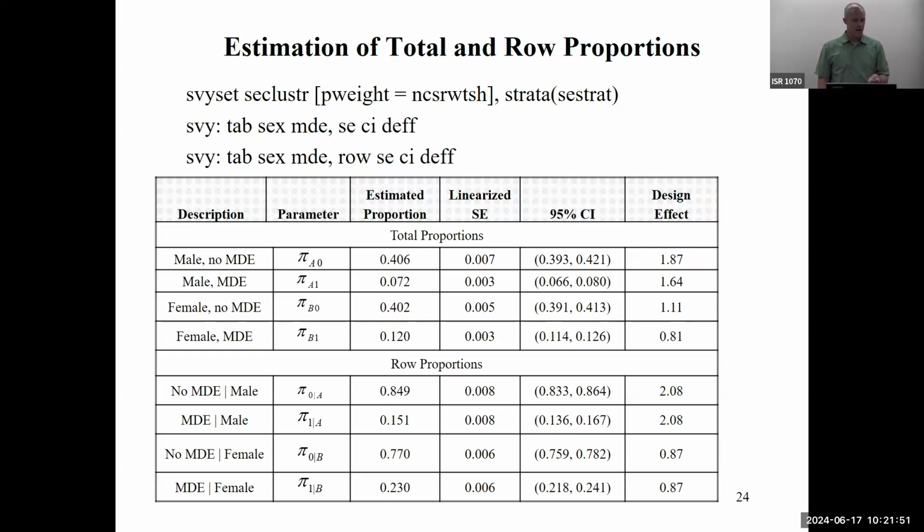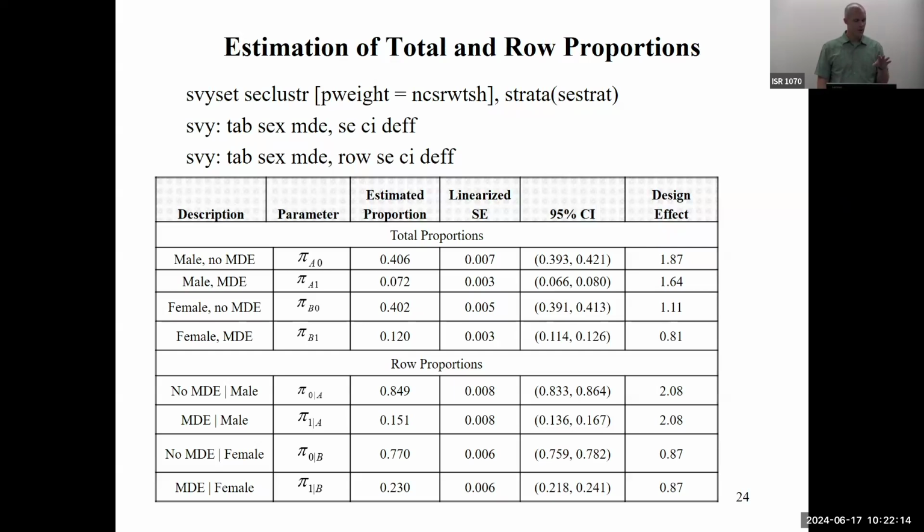Okay. So as options, I want to see the linearized standard error. I want to see the 95% confidence interval based on the logit transform, and I want to see the design effects. Those are my options. If I don't add a row or a column option, survey tab will default to giving me total proportions. You just have to keep this straight.